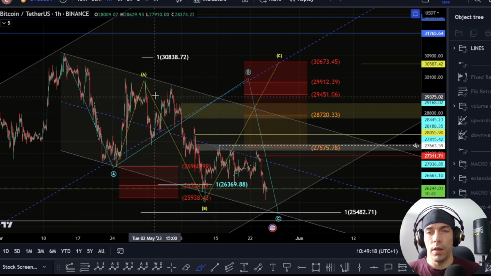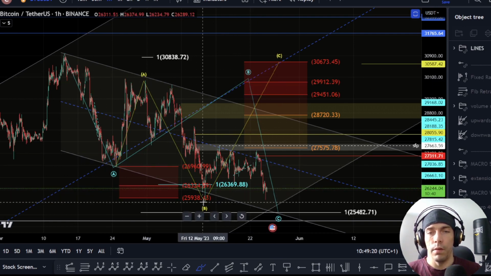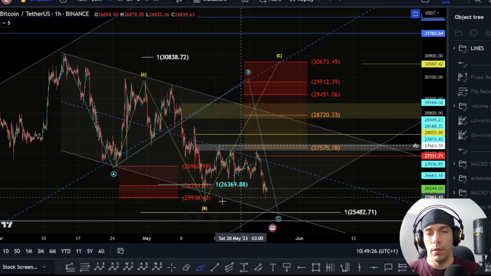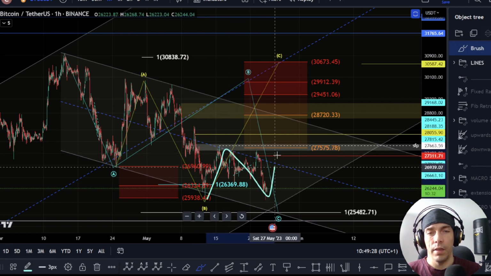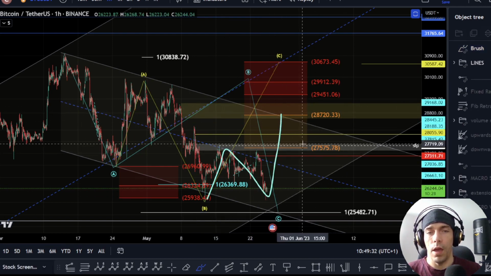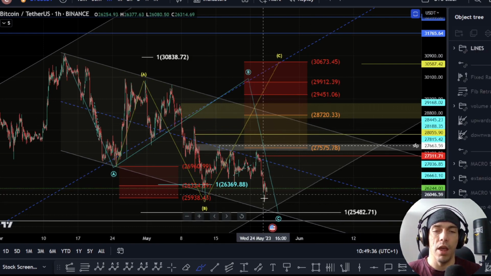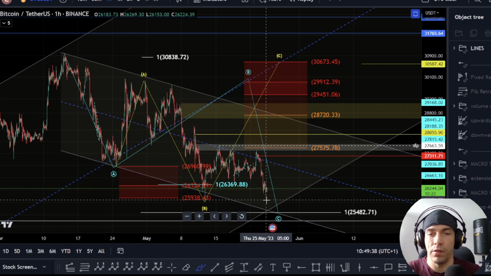Now the problem is that if we are looking at this as a flat correction here, we need to treat this as a wave 1-2. So if we are looking at this, it becomes unlikely that we're going to see a third wave that stops at this 28,720, as it wouldn't have reached 1.618. It can happen, but this is less likely.